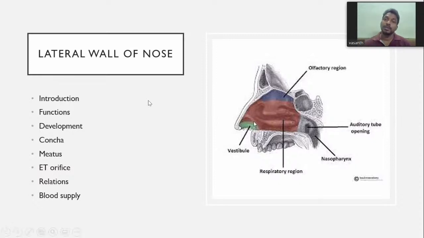It acts as a filter so that particles get settled or filtered before entering through our nose. The major part of the lateral wall functions as the respiratory region, and the posterior part belongs to the nasopharynx with the eustachian tube opening, which is essential to maintain the balance between the middle ear and the atmospheric pressure. So that's the function of it.